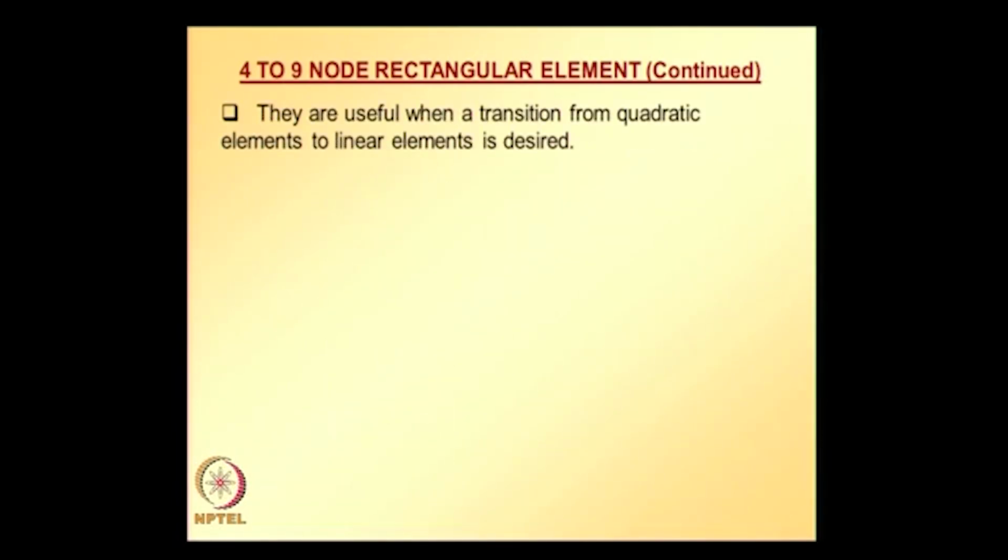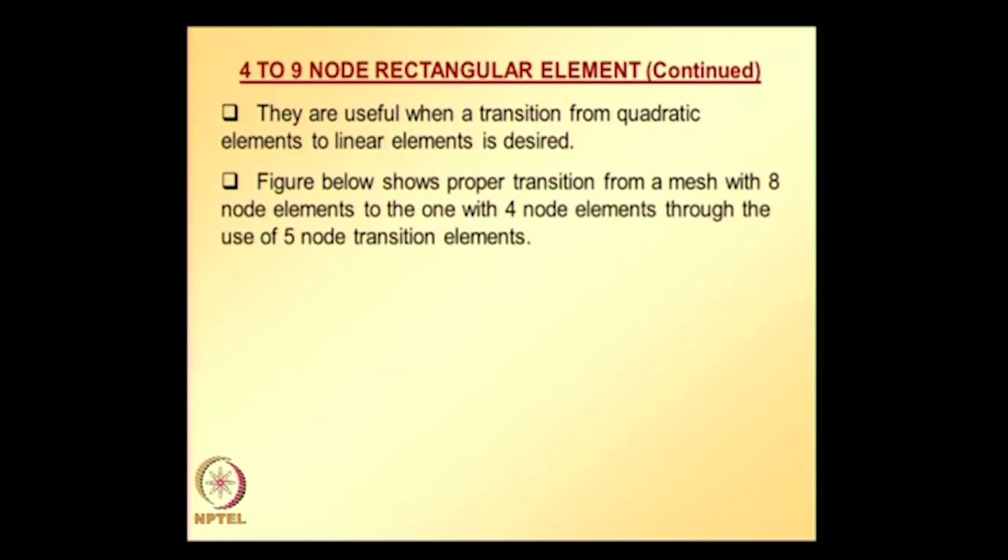They are useful when a transition from quadratic elements to linear elements is desired. Figure below shows proper transition from a mesh with 8 node elements to a mesh with 4 node elements through the use of 5 node transition elements.